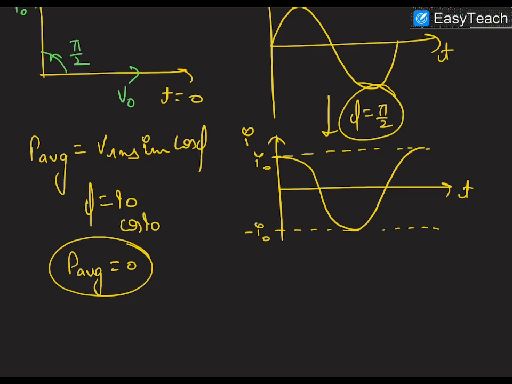And what you know is that watt is the unit of power. So wattless current is the current which does not contribute to any power loss in the circuit, and the average power loss in the capacitive circuit is zero, and therefore we can say that the current flowing in the pure capacitive circuit is wattless current.